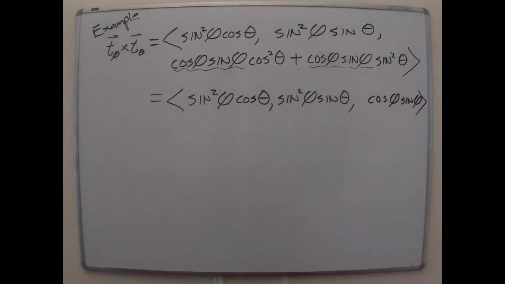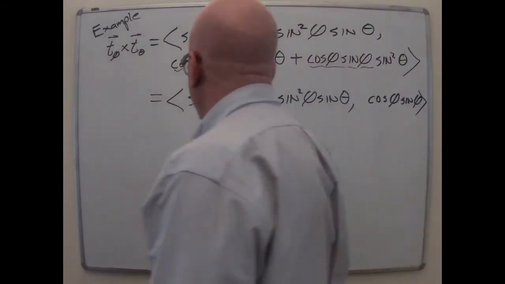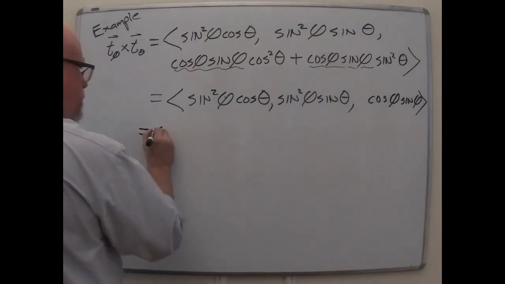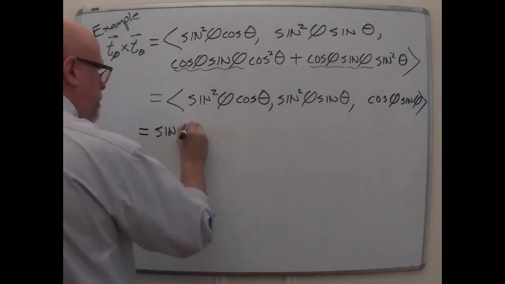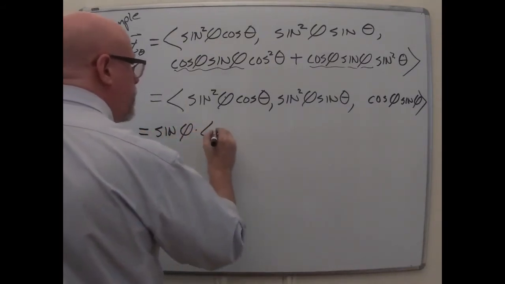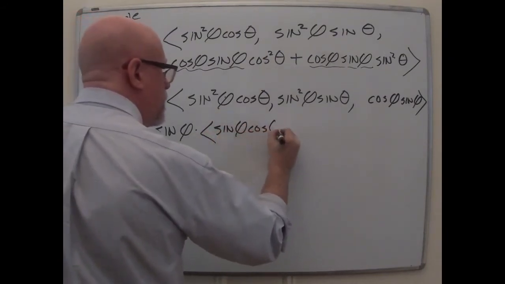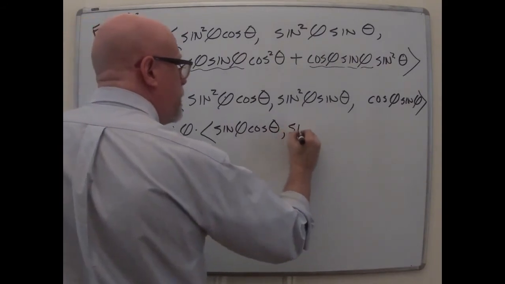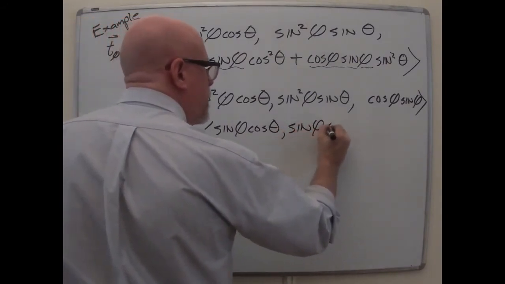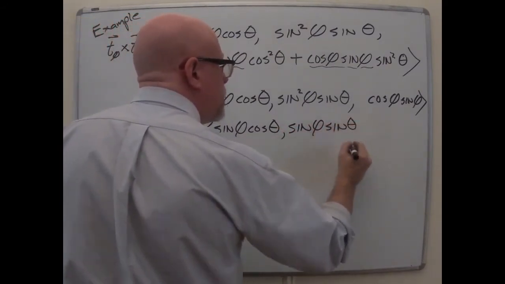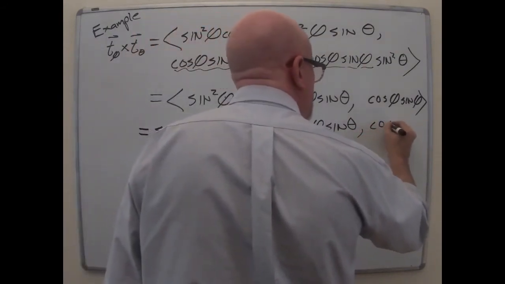Can we do anything else with it? Well, as a matter of fact, I think there is one last thing you can do. There's at least one copy of sine phi in each of those. So pull that out as a scalar function times the vector. And then what's left is sine phi cos theta, sine phi sine theta, and then cos phi.